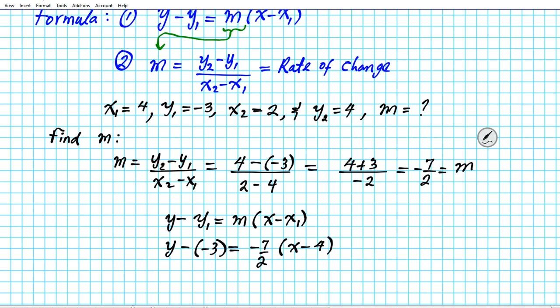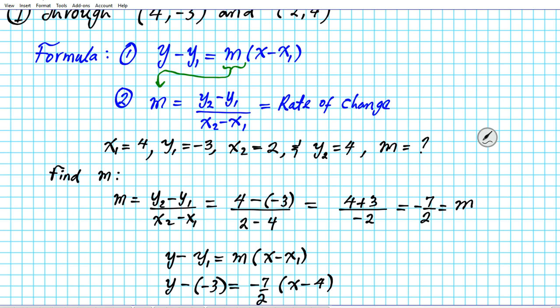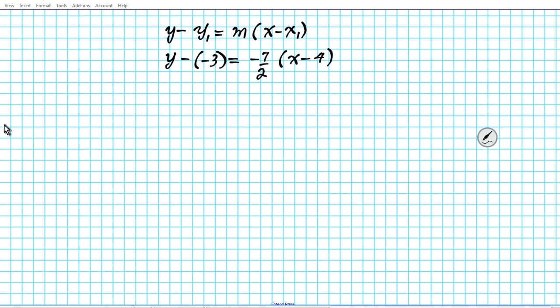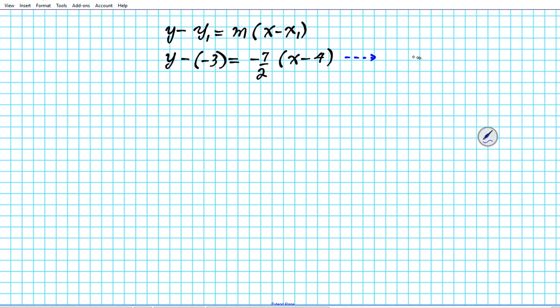Okay, let's go ahead and simplify this. Before we do that, what do we have right here? What we have is the point slope form of the equation of a line. So let's indicate that this is the point slope form.